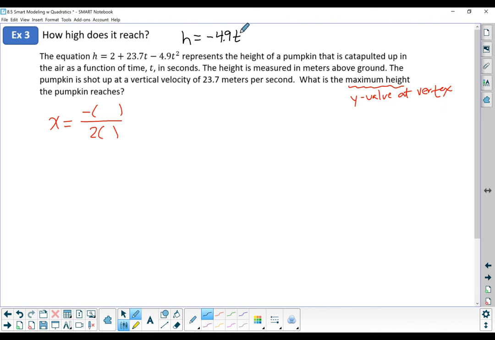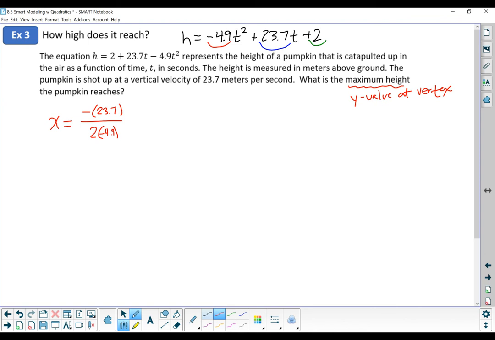If we put those terms in the traditional order, it would be negative 4.9t squared plus 23.7t plus 2. So the a value is negative 4.9, the b value is 23.7, and the c value is 2. So negative b over 2a would be negative 23.7 over 2 times negative 4.9.